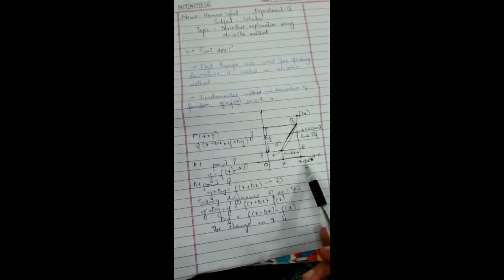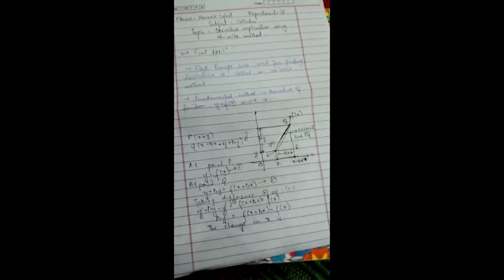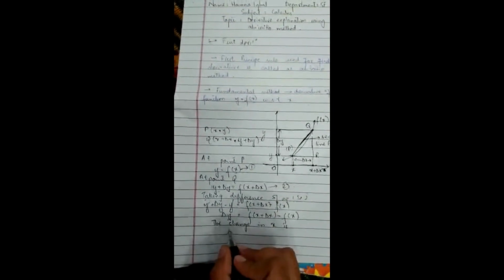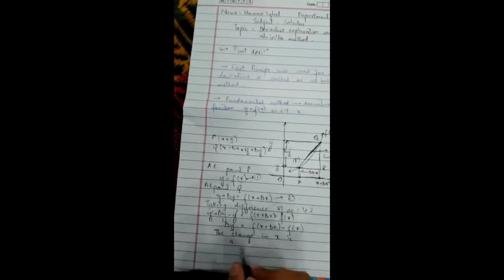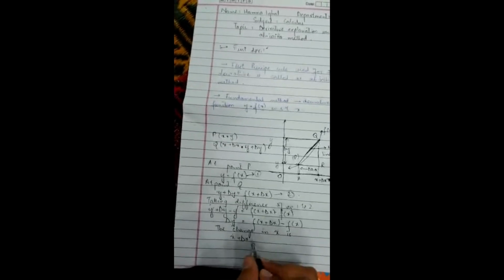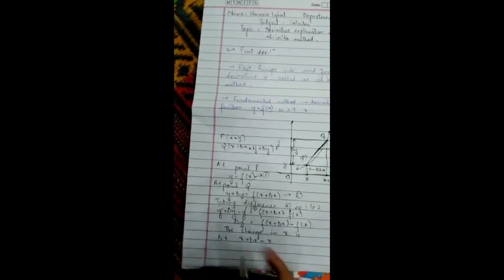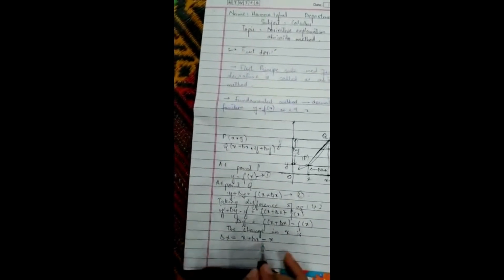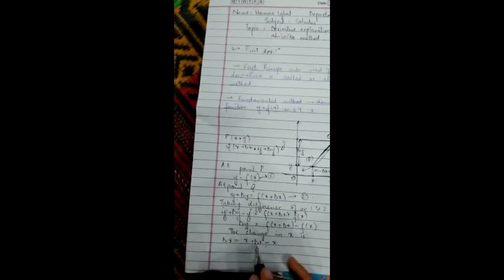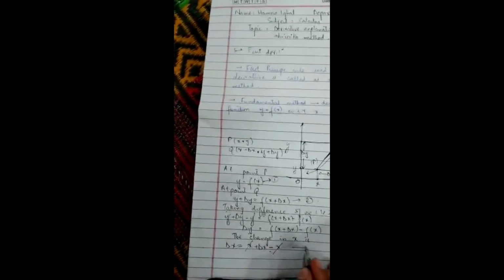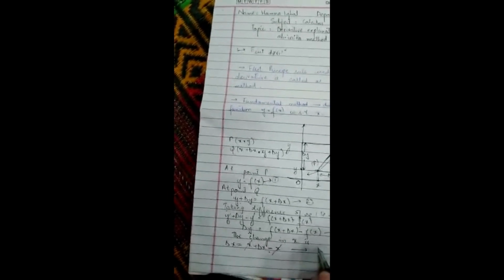Let's say the final point was x plus del x and minus x. The change in x is final minus initial. So these both cancel, and now this becomes equation 3 and equation 4.